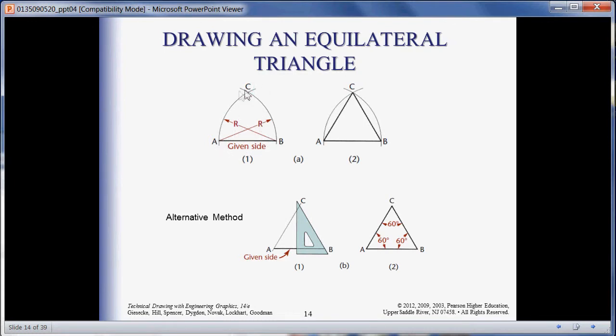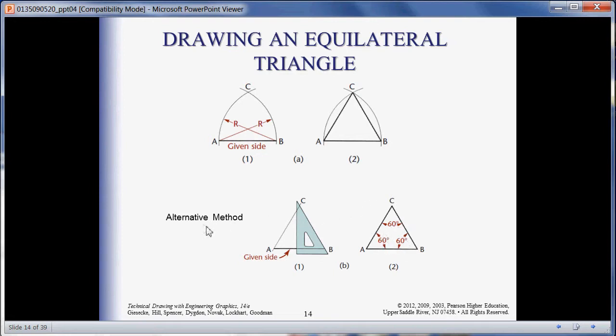That is identical to this length. All three lengths here are congruent, meaning they're all the same length. If the sum of the interior angles of the triangle is 180 degrees, then by definition each one of these angles is 60 degrees.